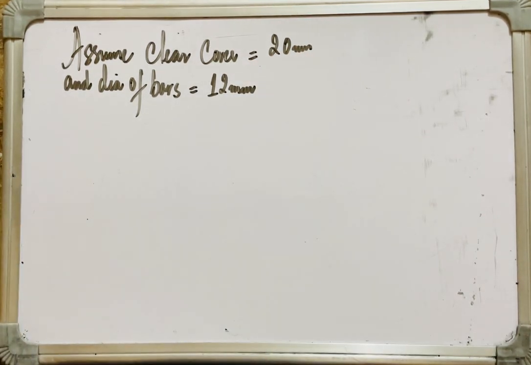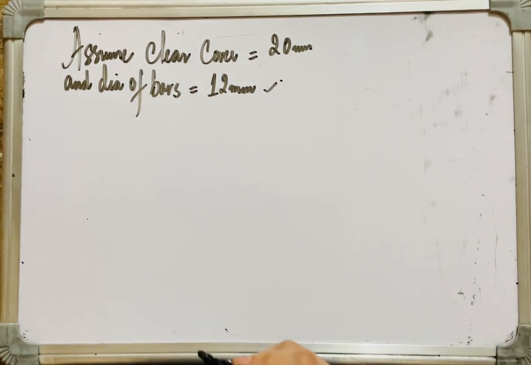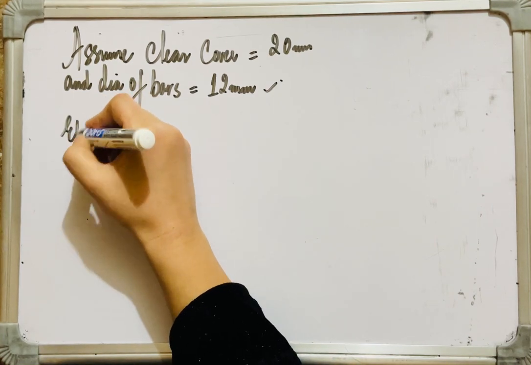All right, I'm assuming my clear cover to the reinforcement as 20 mm and the dia of bars as 12 mm. Then what will be the effective depth?